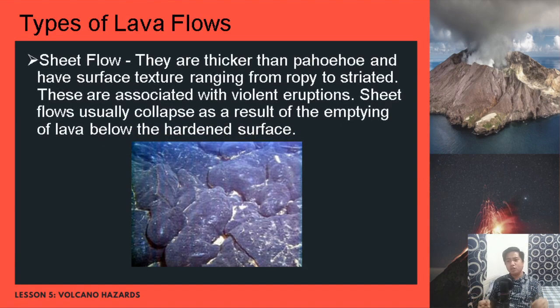Next is we have your sheet flow. So this type of lava flow can be seen underwater. Okay. So from the word itself, sheet. So it's like a sheet or a cover sheet of your beddings, in which once it erupts on your underwater volcano, it just forms a rapid to striated formation or wavy appearance of a certain magma.